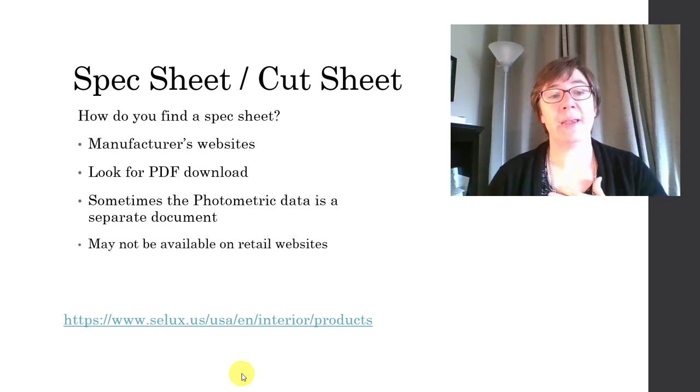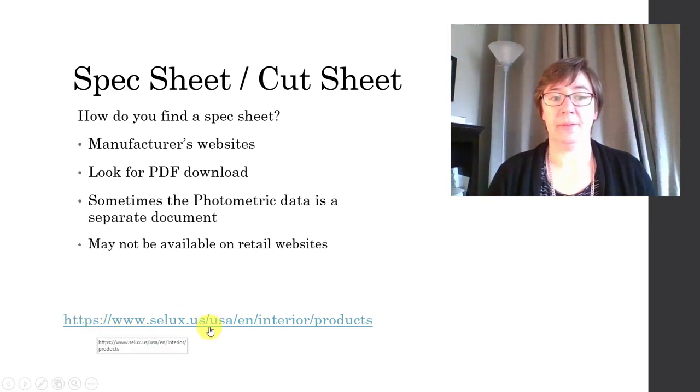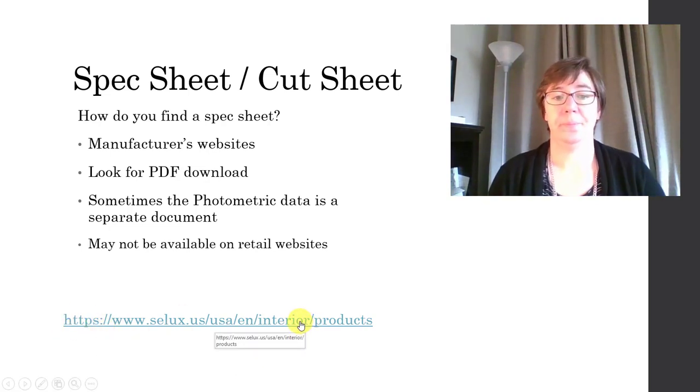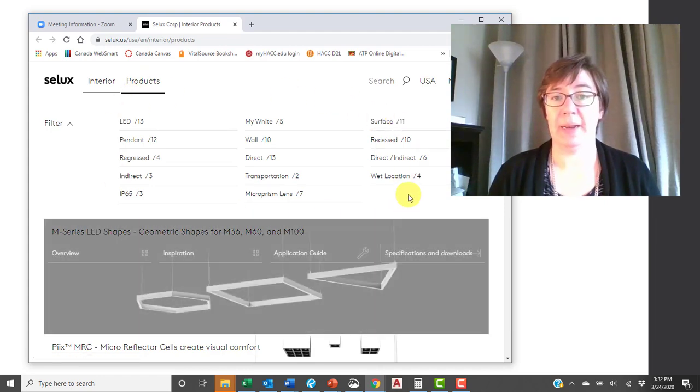So we're going to go right now to my example one, and here is the link. I'm going to click on it now. Here we see the website for Celux brand Luminaires, and we're in the products section, and they've got some categories of products.